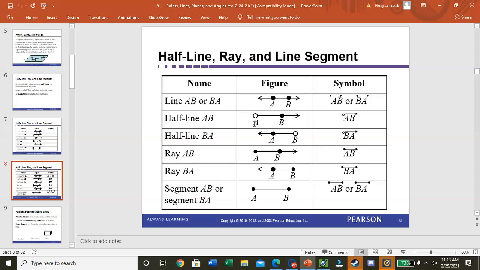Notice this open point A, but you're never going to get to point A. It's like if you're trying to go from here to the door, and I go halfway, right?